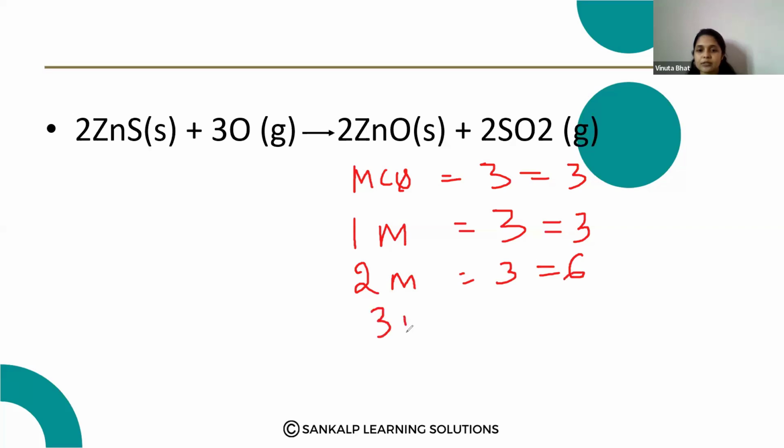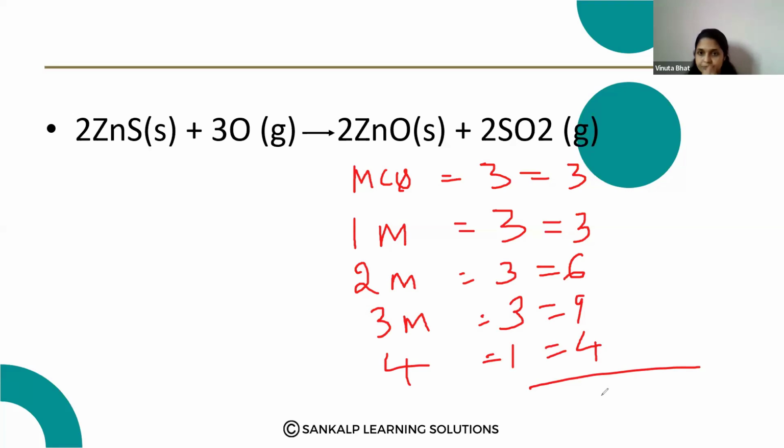And 3 mark questions, also 3 questions, total 9 marks. And 4 mark questions, 1 question, that is 4 marks. What are the total marks? 3 plus 3, 6, 6 plus 6, 12, 12 plus 9, 21, 21 plus 4, 25. Okay. We have solved 25 marks of questions in the chemistry section.